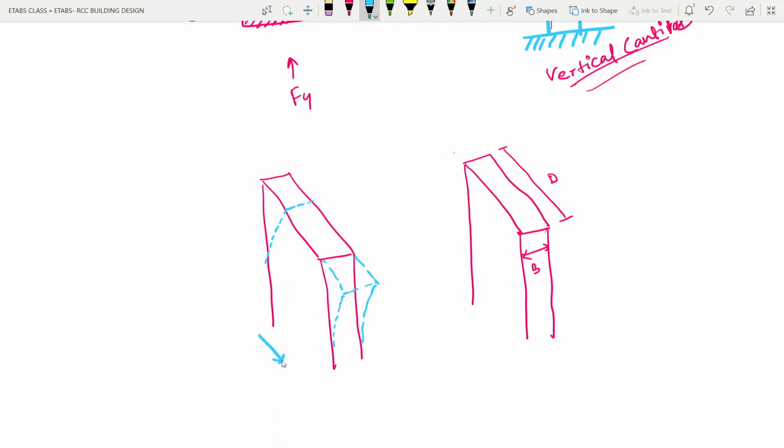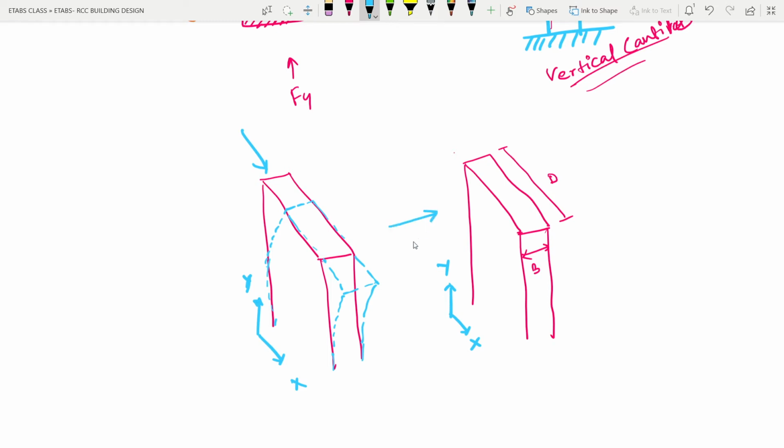If I just draw a plane, this is the plane of the shear wall, x and y, vertically. So when the bending is happening along its own plane, then it is pretty stiff, or you can say strong enough to provide resistance, when the force is coming from this direction.